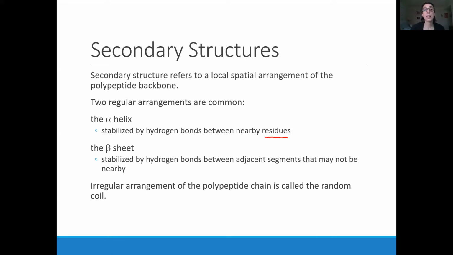Anytime you have any irregular arrangement of a peptide chain, we call this a random coil. So again, we're going to be focusing on secondary structures that are the alpha helix and beta sheet, but you can have other types of secondary structures called random coils that don't fit these exact specifications.